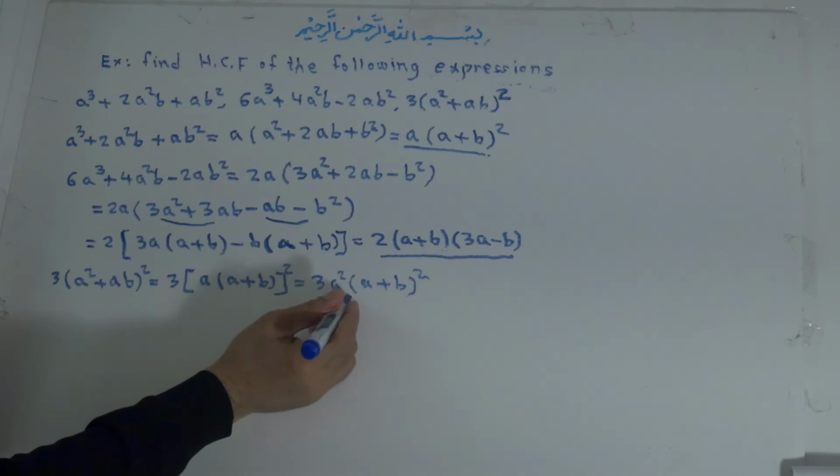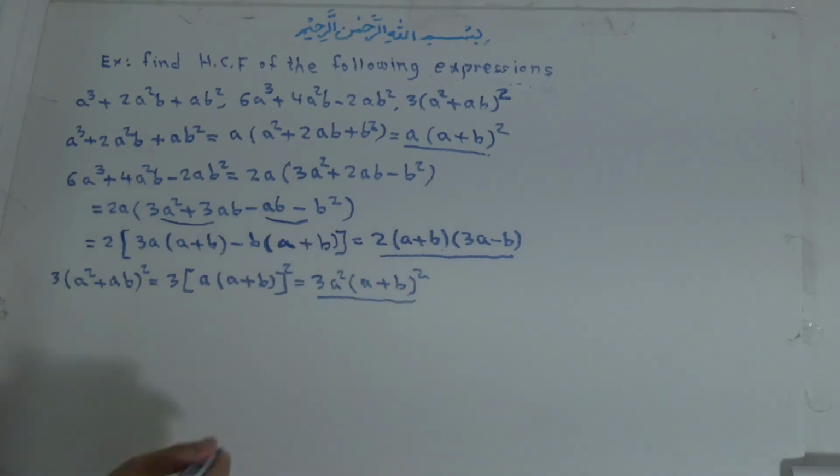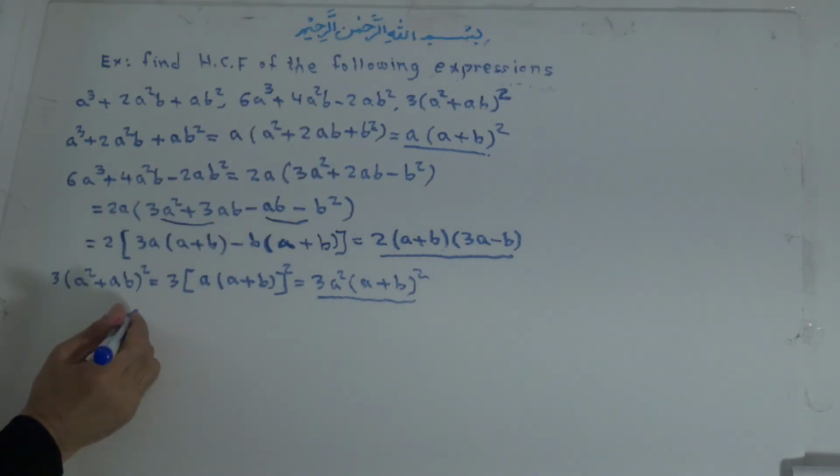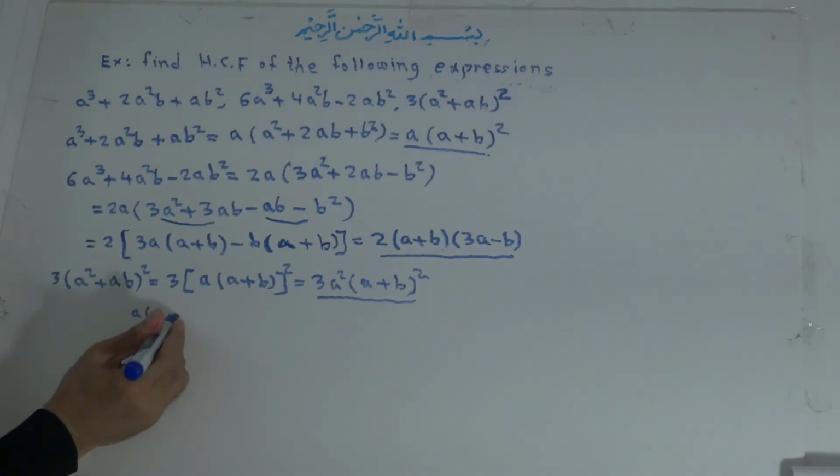So now what we do, we write all of them here. The first one is a times a plus b to the power of 2.